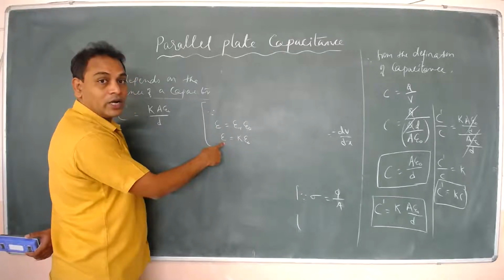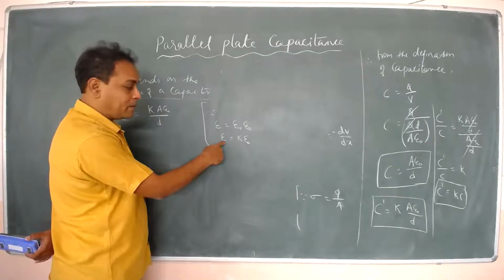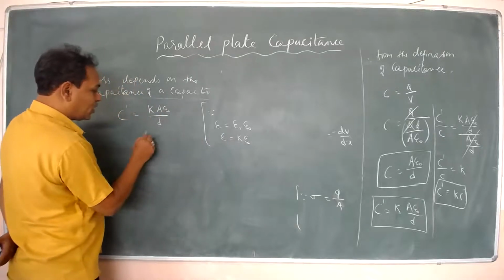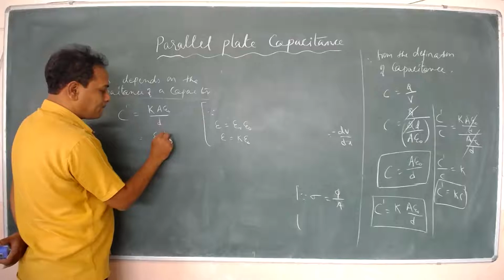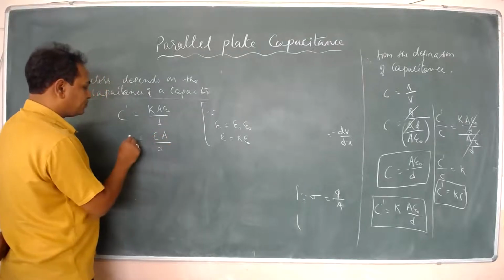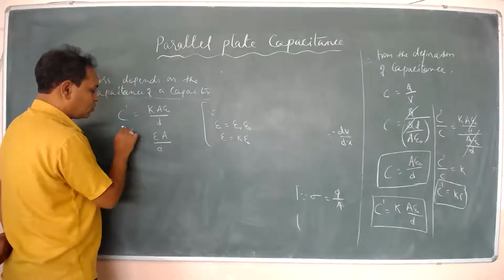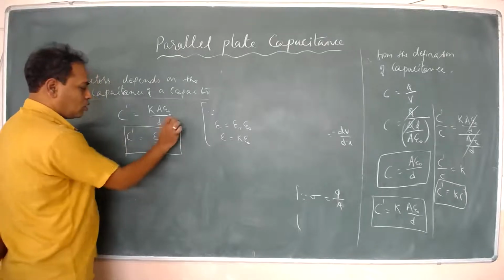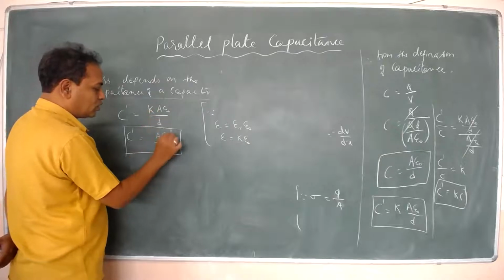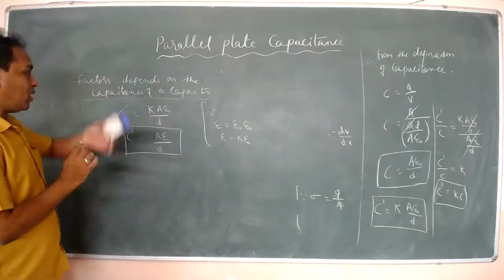This is called the permittivity of a given medium. So these two can be written like this, A epsilon by D.